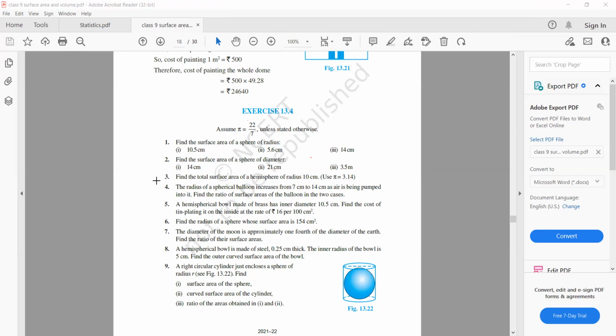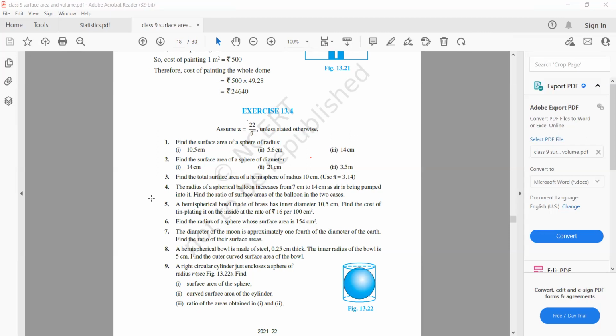Okay, next question number 5 now. A hemispherical ball made of brass has inner diameter. So you write down inner diameter is 10.5 centimeter.